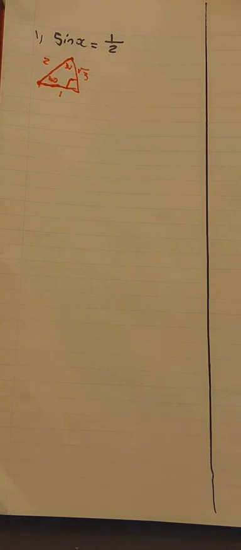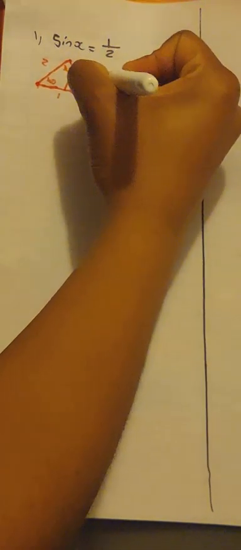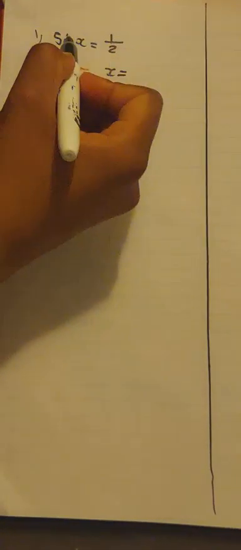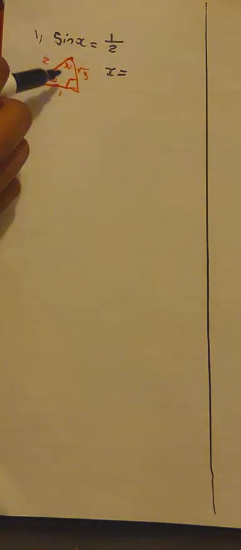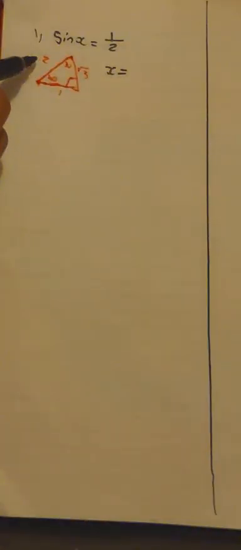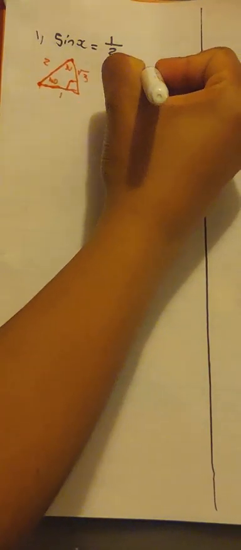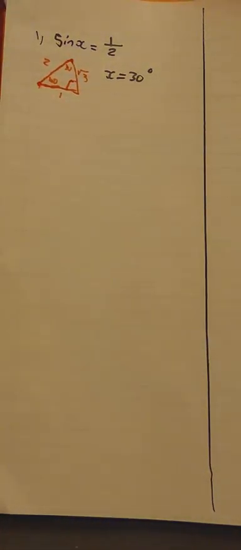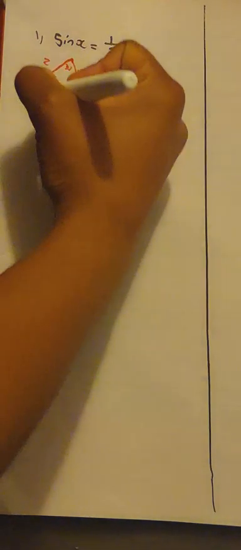To solve for this, we say x is equal to, what is a half? Opposite over hypotenuse. I see 30 here, it's 1 over 2. So that means our angle is 30 degrees. You see? Let's continue.